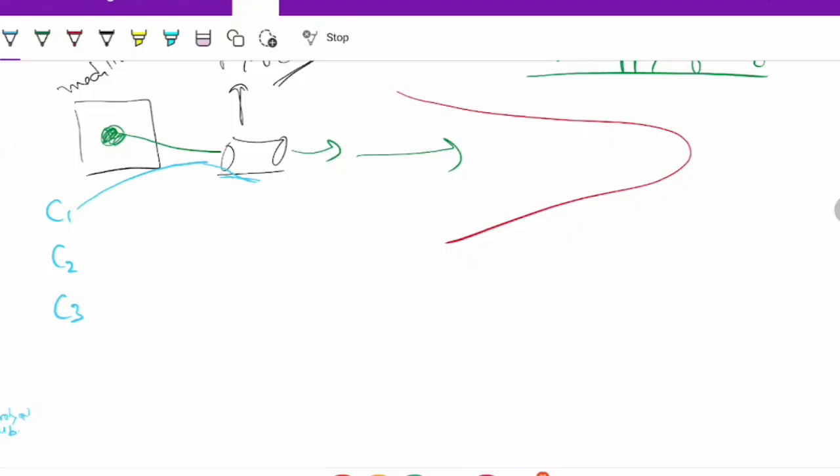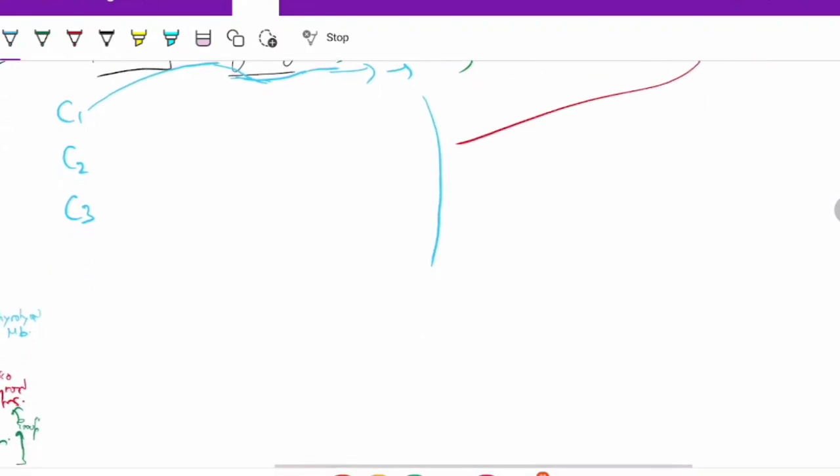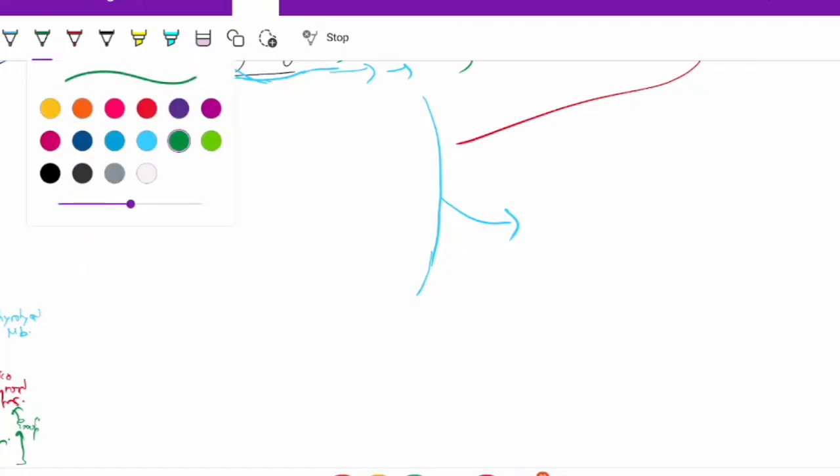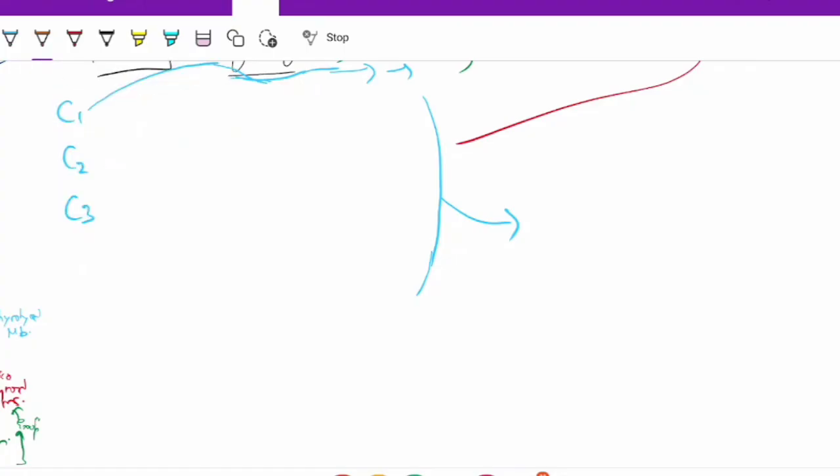travels along with your hypoglossal nerve, and just before it enters the tongue, it drops down and gives off a branch over here. Then C2 and C3 also form a nerve which immediately goes down.